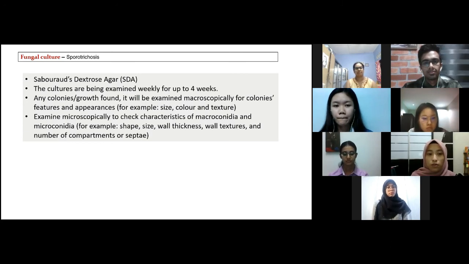We can also examine microscopically to check the characteristics of macroconidia and microconidia. So for example, we can check for the shape, the size, the wall thickness, the wall textures, and the number of compartments or the septae.